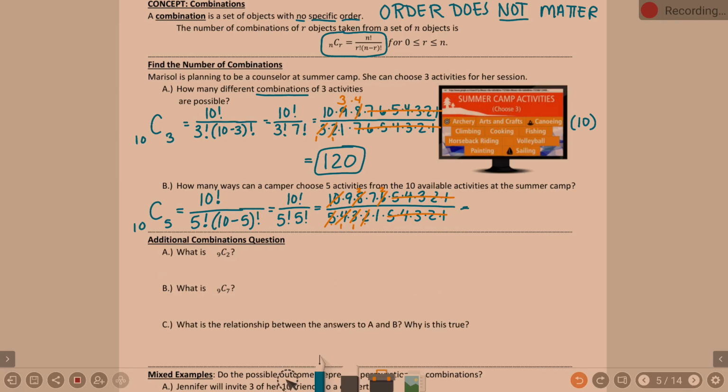Notice we got rid of everything on bottom again, didn't we? Okay. So the way I personally did this, I have what? 9 times 2 times 7 times 2 left. What are you guys getting? So 252.